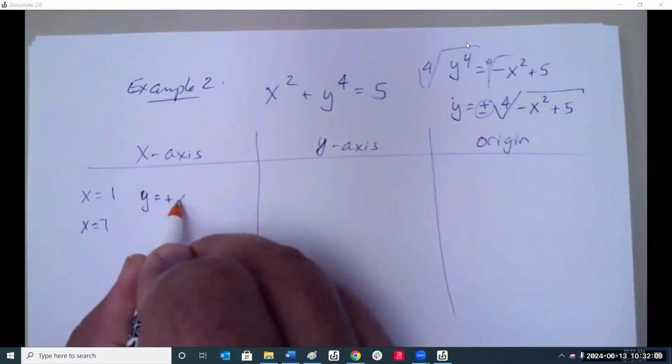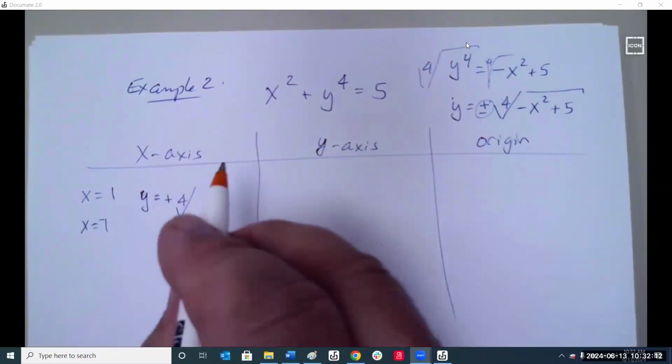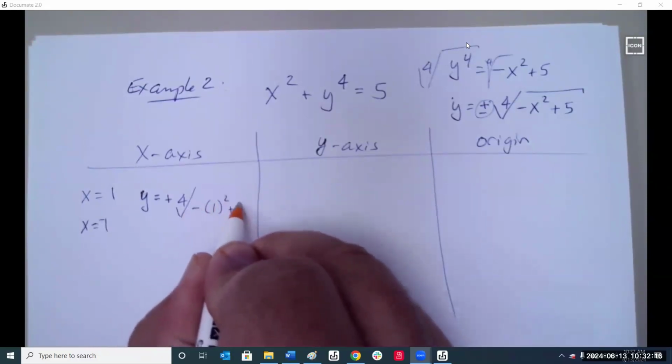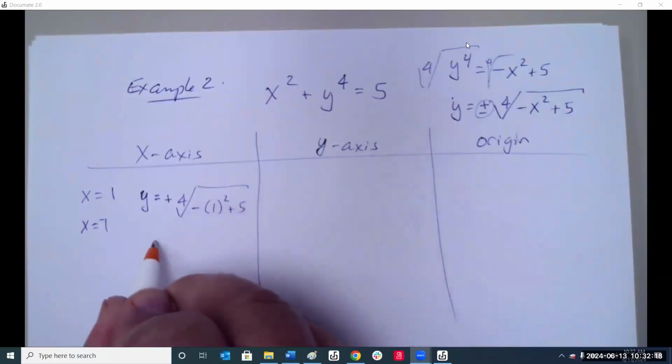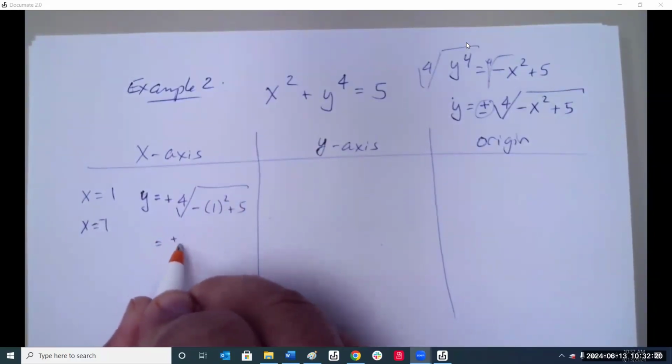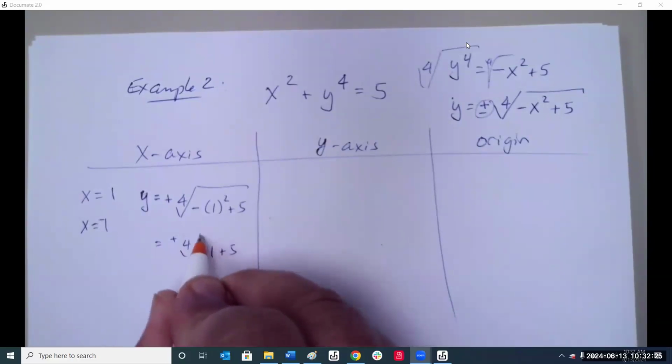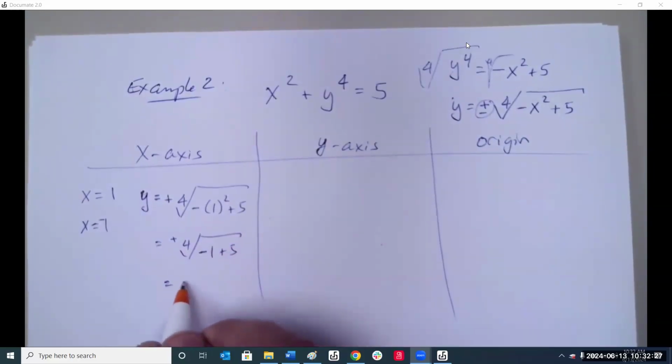Let's look at the positive side. So we put -1 squared plus 5. -1 plus 5. It's the 4th root of 4.